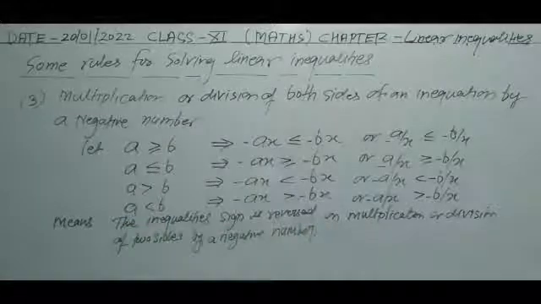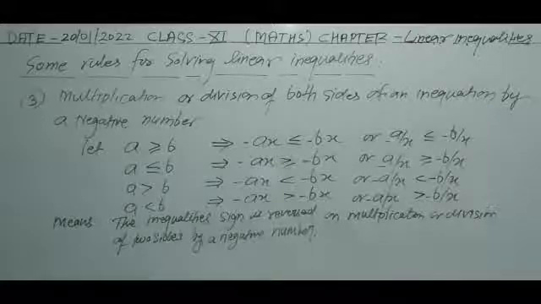So the inequality sign is reversed on multiplication or division of two sides by a negative number.